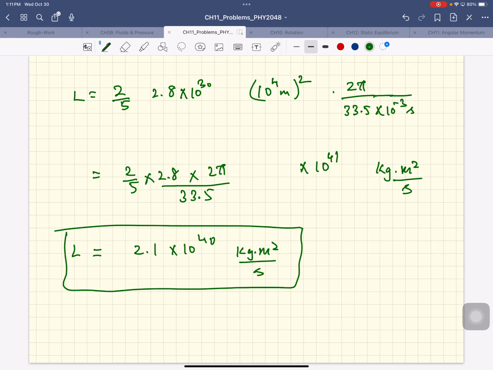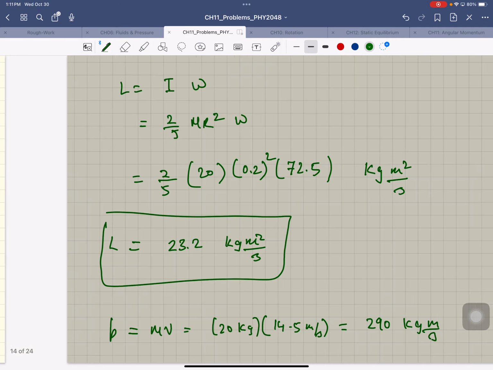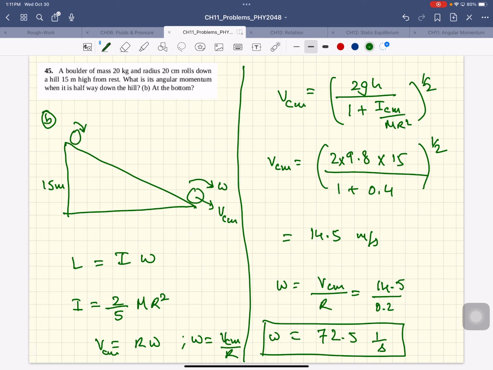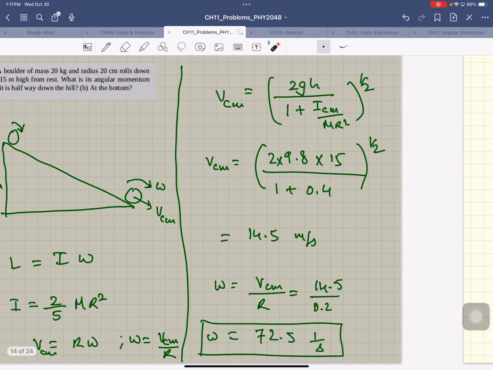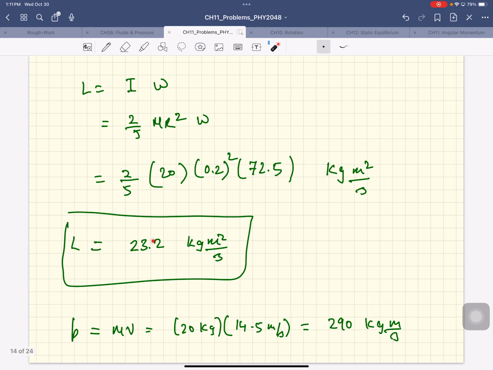pulsar. Okay, so let's compare that to the angular momentum of that rock that was rolling down the hill. So a 20 kg rock is about a 50-pound rock. At the bottom of the hill, its angular momentum was 2 times 10 to the 23.